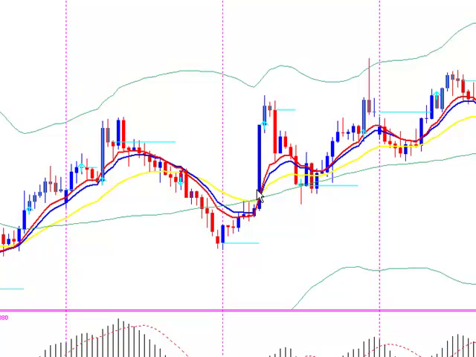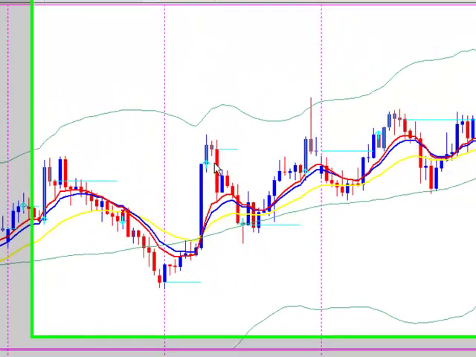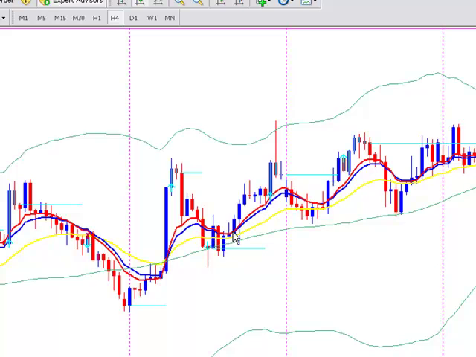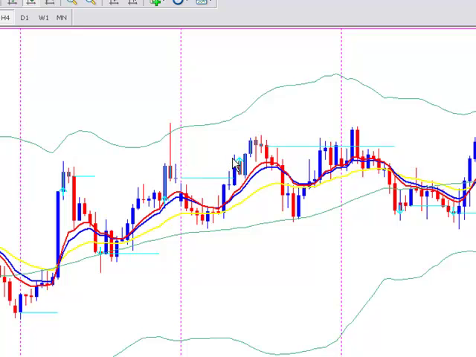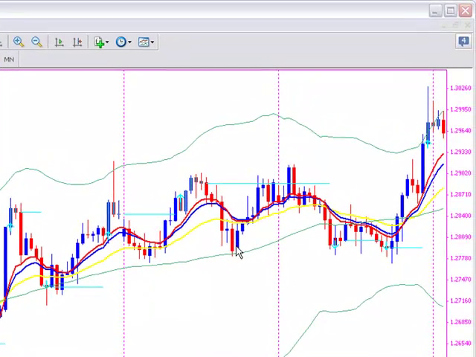Now, I just want you to notice the direction of how the swing occurs. Look at how the swing occurs. Now this gives us a trending market.